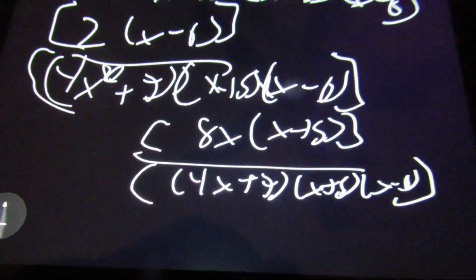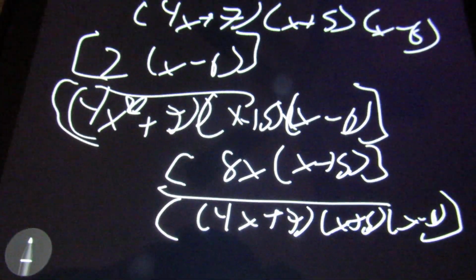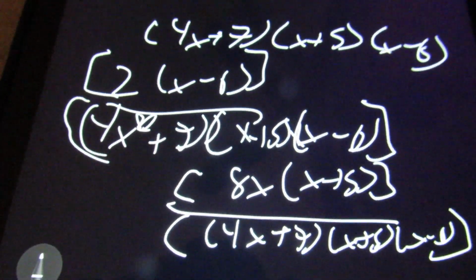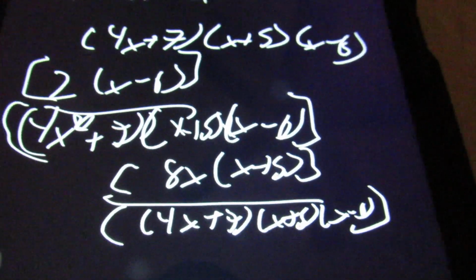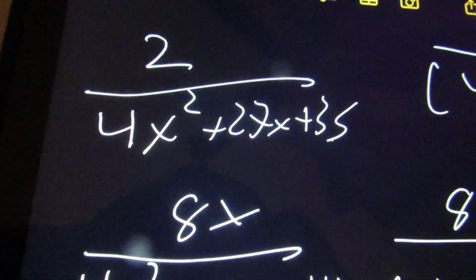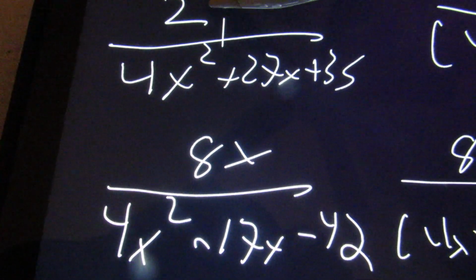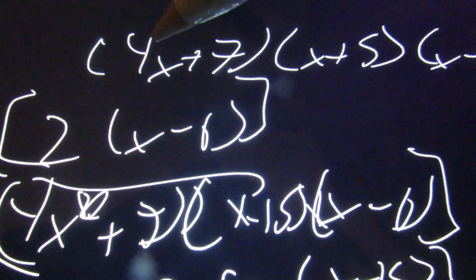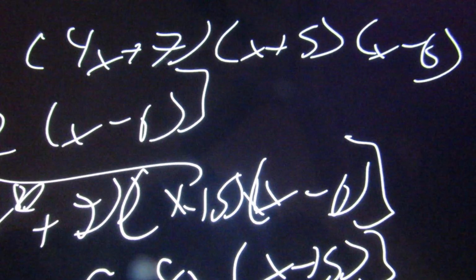Now, really, what I did on this example here is a lot more in detail than what it's asking. It gives you these two rational expressions, and it gives you this denominator.